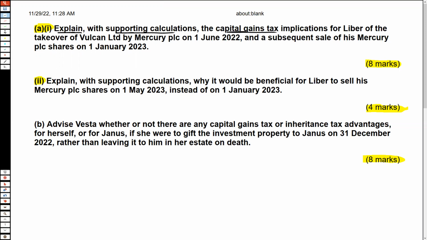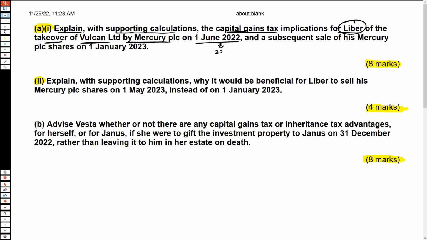The capital gain tax implications for Leiber of the takeover of V Limited by MPLC. V Limited shares are being acquired by MPLC. So MPLC is an acquirer company and V Limited is the acquired company, and for sure Leiber will be the shareholder of V Limited. And this takeover is being held on 1st June 22.